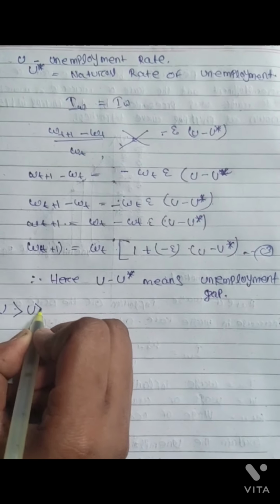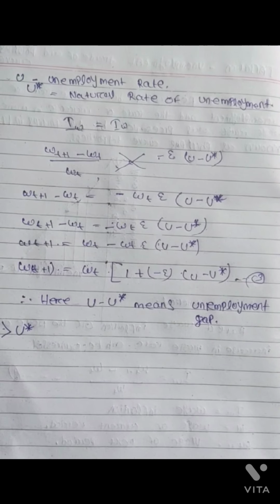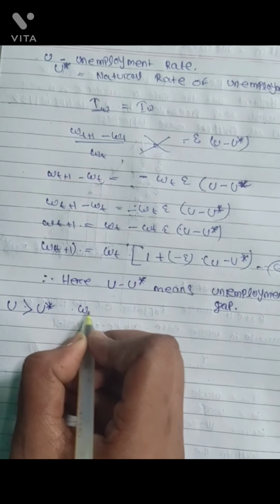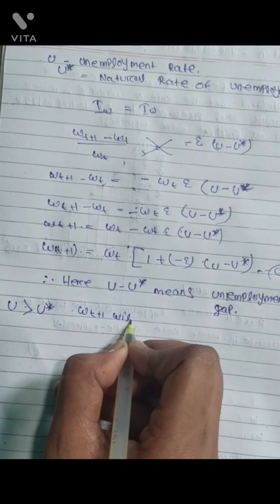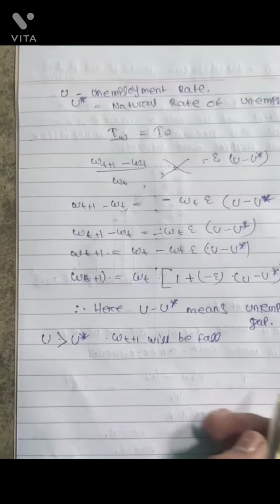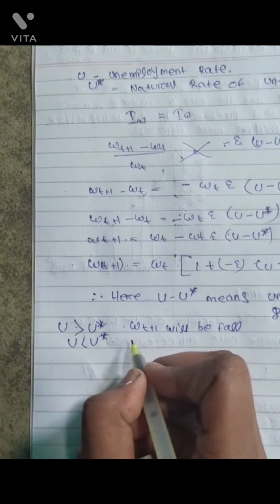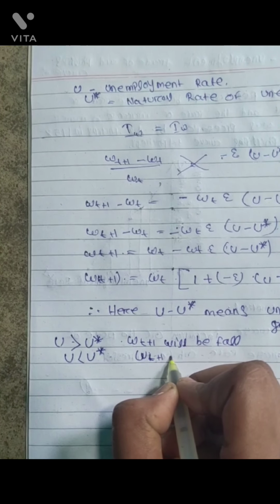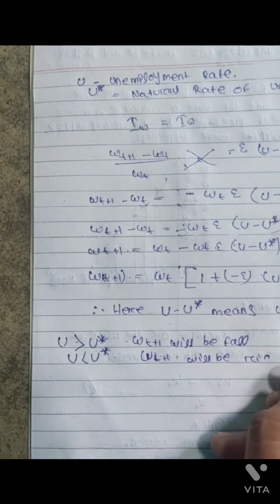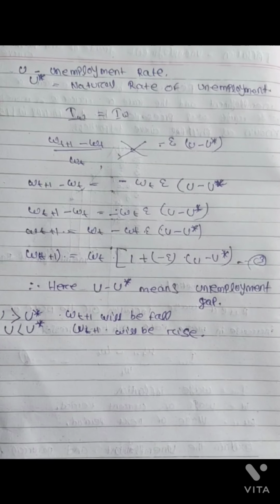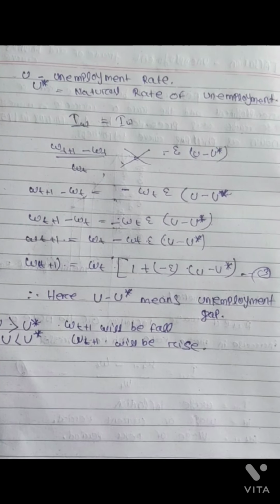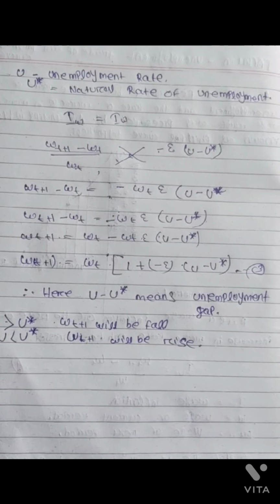When U is greater than U star, the result is that WT+1, the next wage rate, will fall. Similarly, when U is less than U star, the wage rate of the next period will rise. For the wage rate to rise above the previous level, unemployment must be below the natural rate.